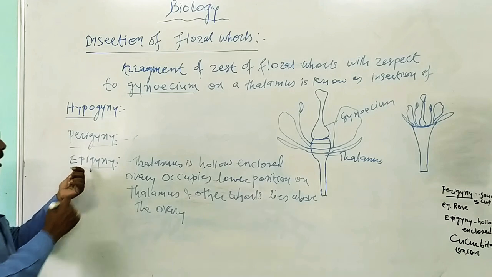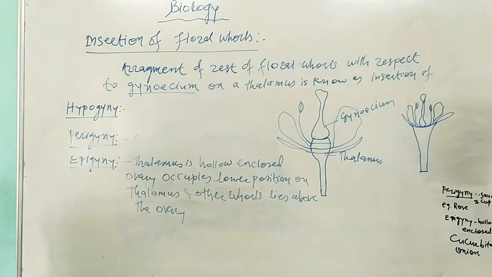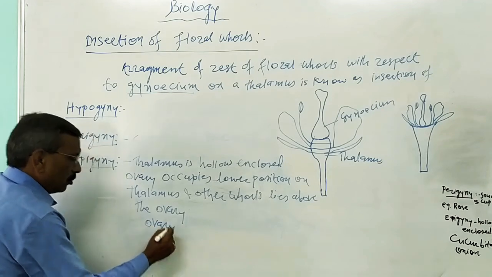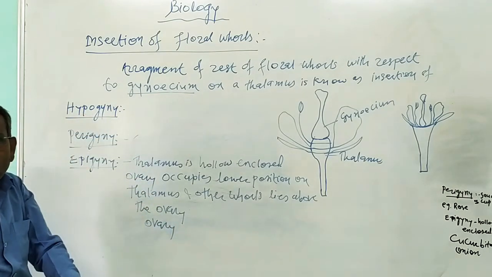Now this is known as epigyne. And here the ovary is inferior because the ovary lies below the other floral whorls.